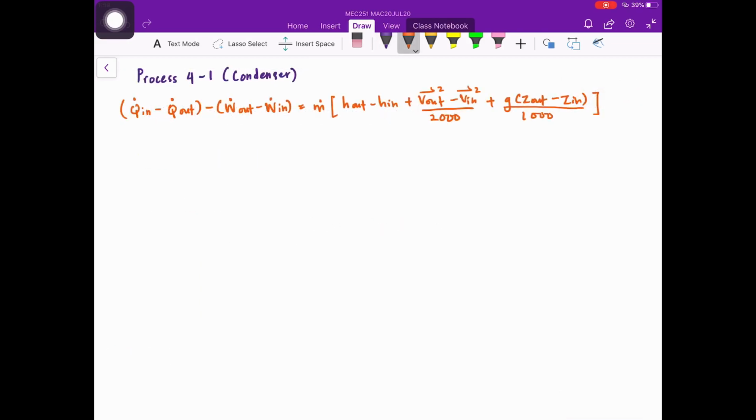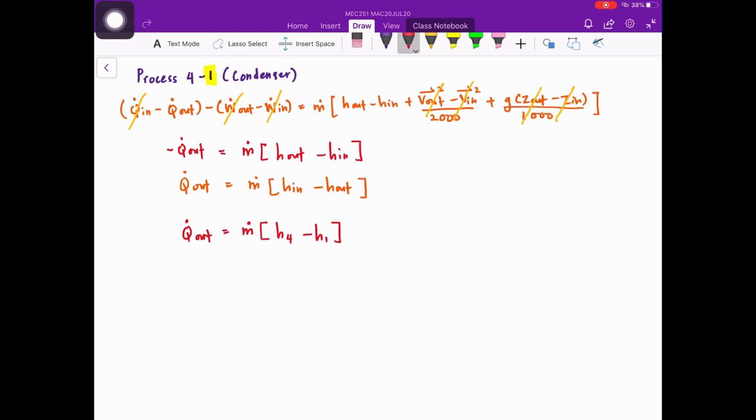Lastly, for process 4 to 1 at the condenser, from the steady flow energy equation, we can neglect the terms power, kinetic energy, and also potential energy, since the condenser only rejects heat from our system. Therefore, the term Q dot in can be cancelled. Note that state 4 is the inlet for the condenser and state 1 is the outlet of the condenser.